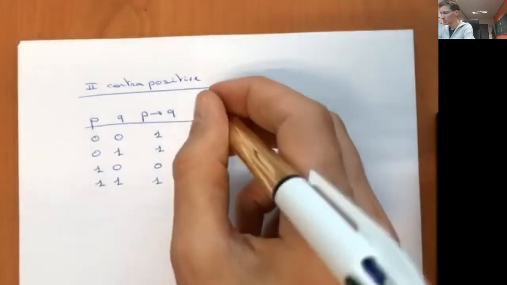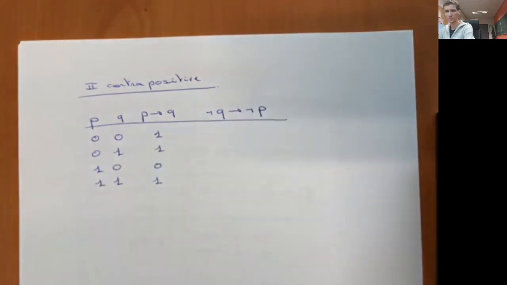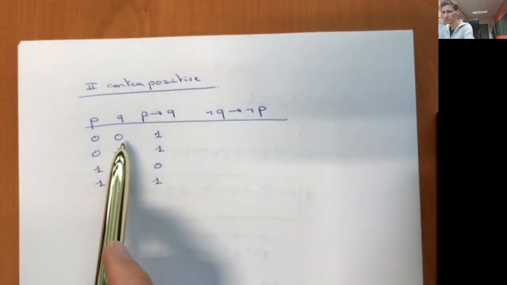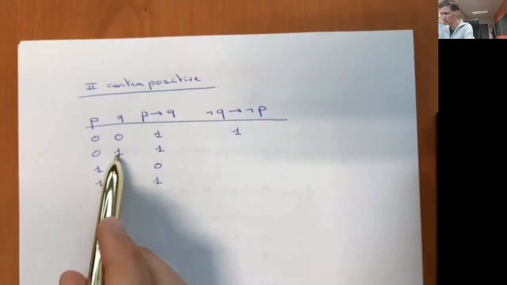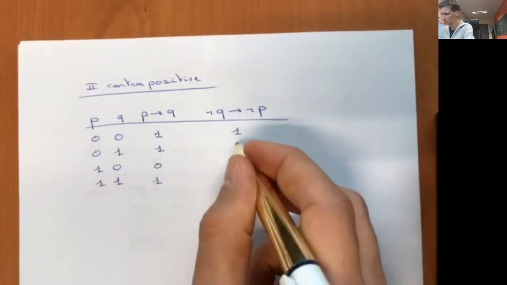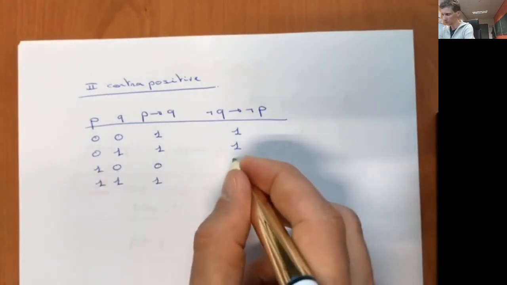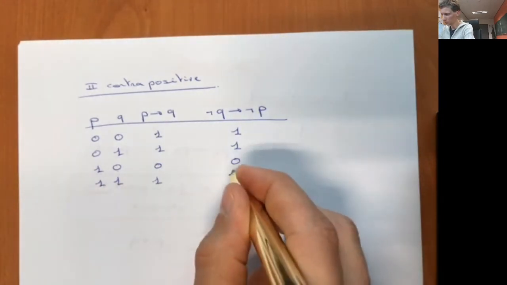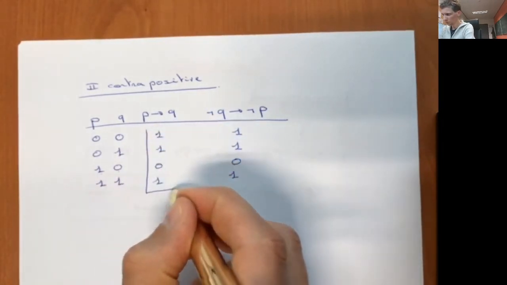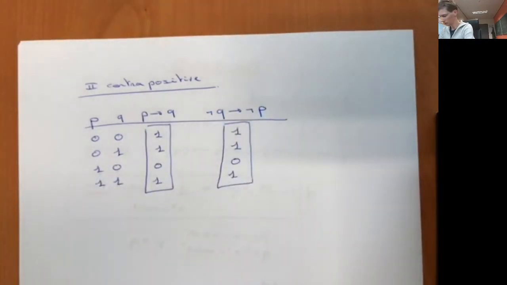So now let's look at negative Q implies negative P. Okay, so let's invert this. You have 1 implies 1, this is okay. You have 0 implies 1, this is also okay. You have 1 implies 0, this is not okay. And then we have 0 implies 0, this is also okay. So what do we see? We see that this column here is the same as this column here.